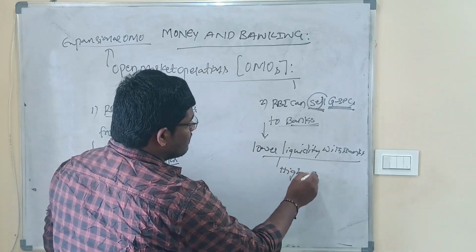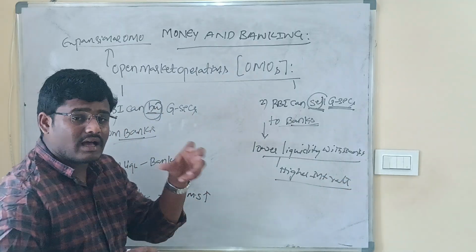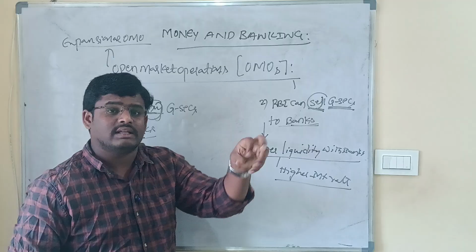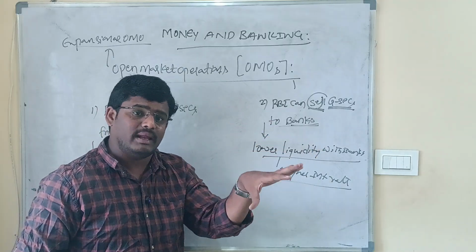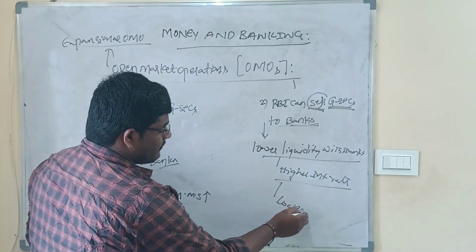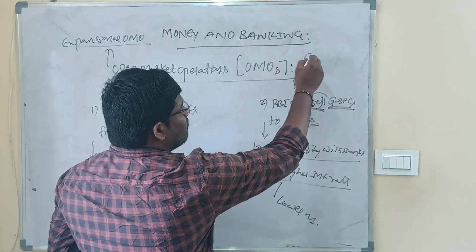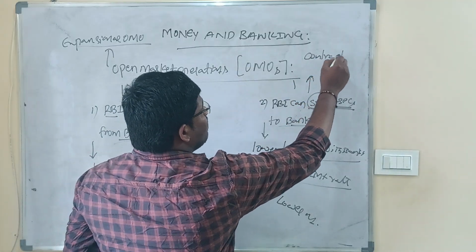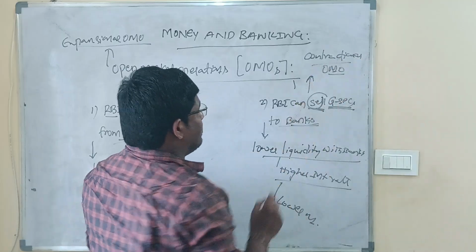Higher interest rate means costlier loans. Costlier loans mean less demand for funds by the public. Less demand for funds by the public means what? Then it leads to lower money supply, and that is an example of contractionary open market operation. That is the point which we have to understand.